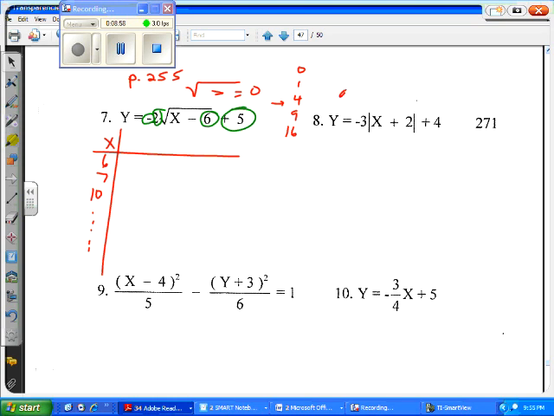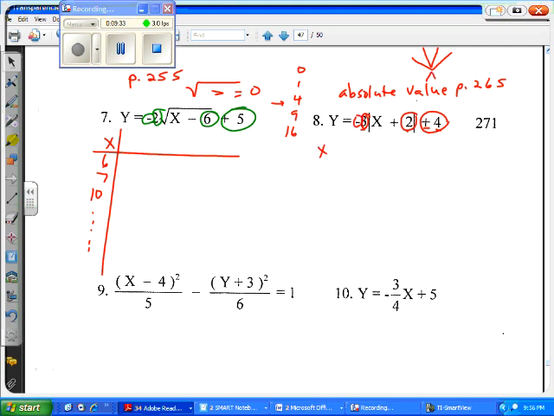This is an absolute value graph. We learned about absolute values in chapter 10, page 265. We know that the graph of an absolute value is a V. We know what these parameter changers are supposed to do. That's going to shift up 4, shift left 4, the opposite of a positive 4, make the V skinnier, and make the V face down.